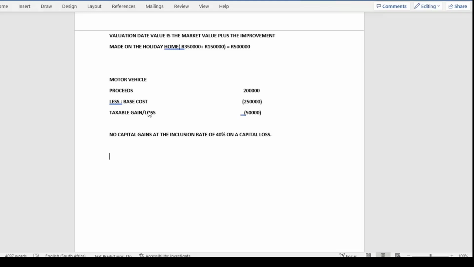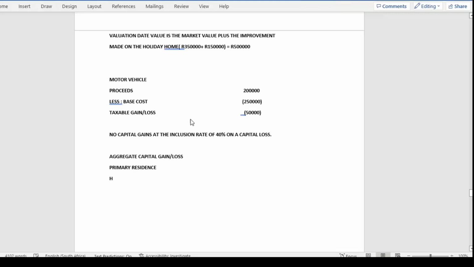Okay. Then you do what's called the aggregate. Remember, it's multiple assets, capital gain or loss. The first one is a primary residence.